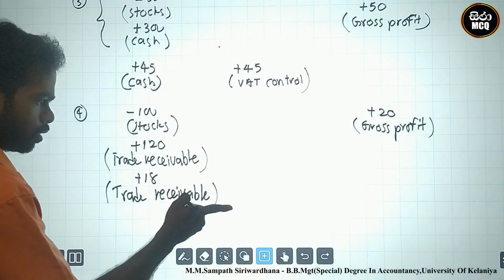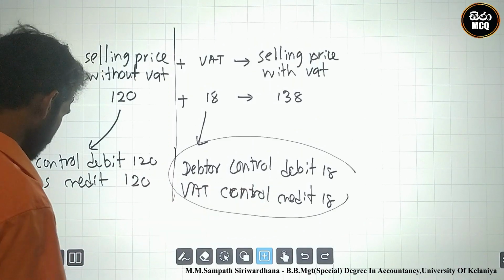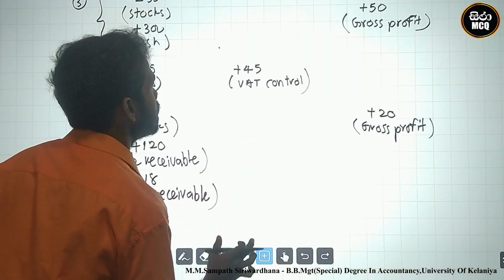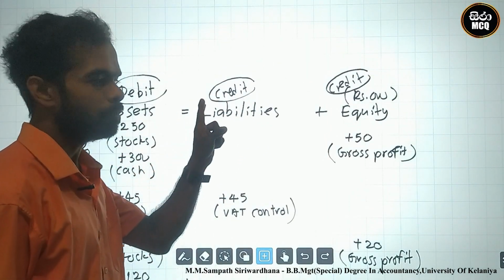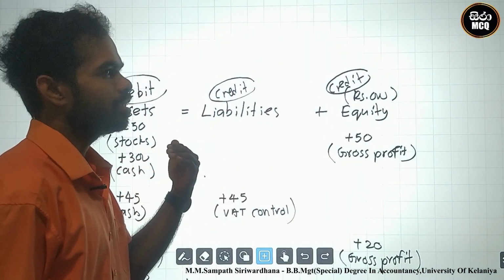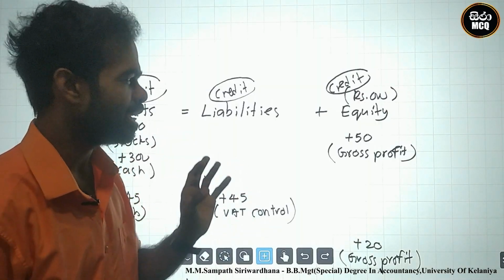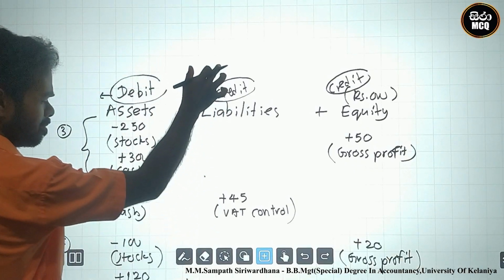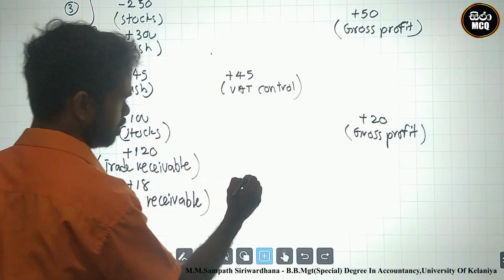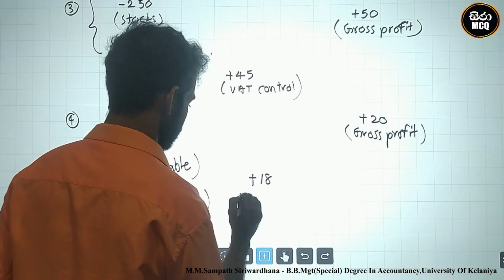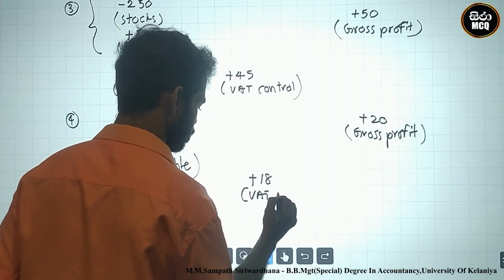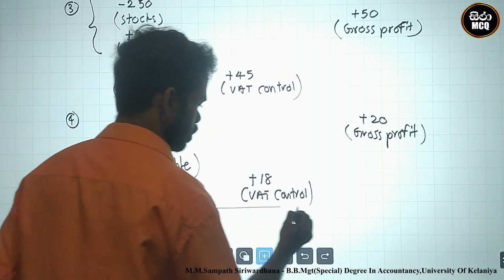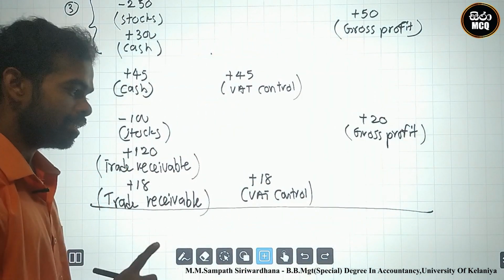Next shot is the VAT shot, VAT control credit. VAT is a liability. Liabilities are credit dials. Therefore, this is a credit dial. Credit to credit. I add this one. The 18 VAT we can add to liabilities. This is the VAT control. This is the impact of transaction number 3 and 4.